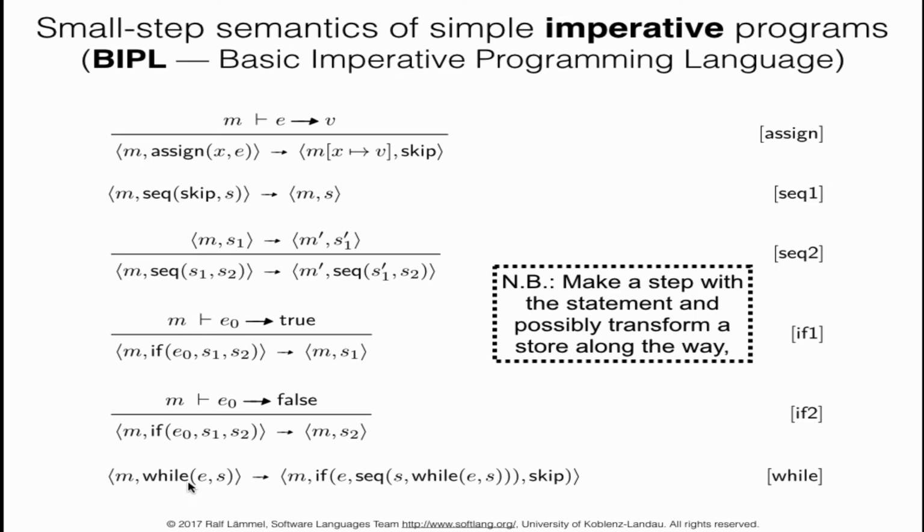To make one step with a while statement, we form an if statement which evaluates the condition of the while loop, and if the condition holds, we sequentially compose the body of the while loop with the while loop itself. If the condition doesn't hold, we resort to the empty statement.